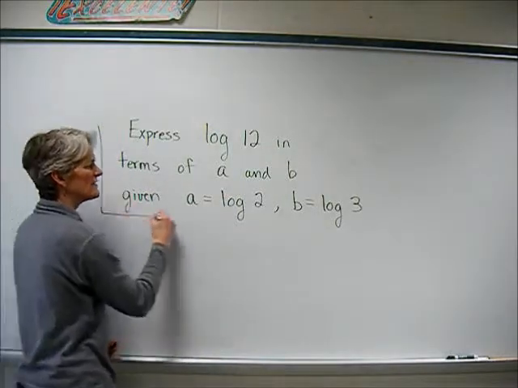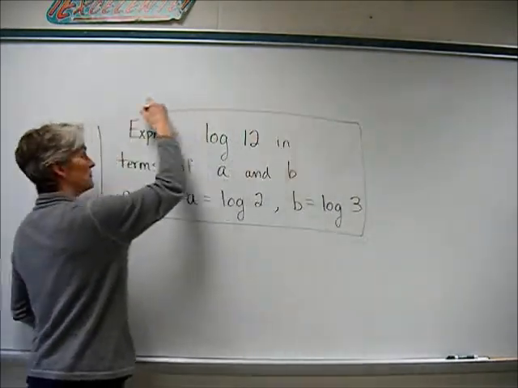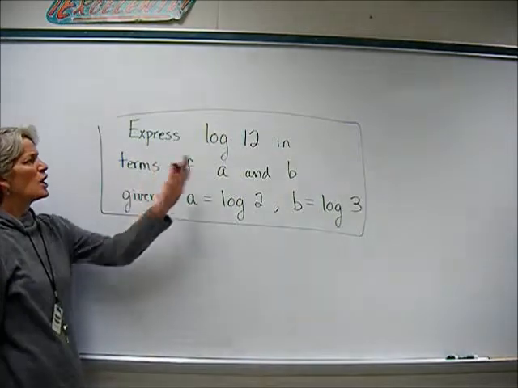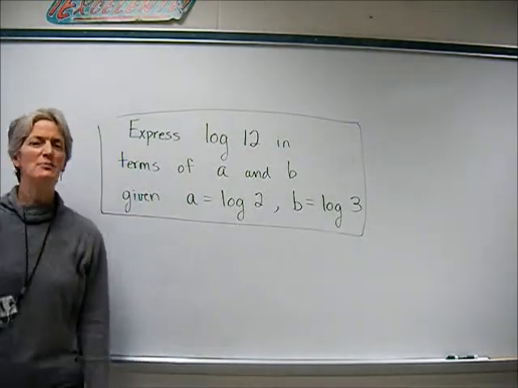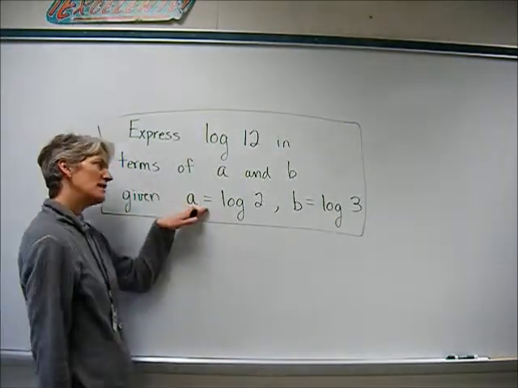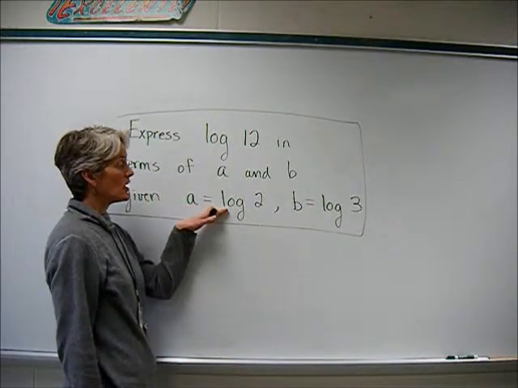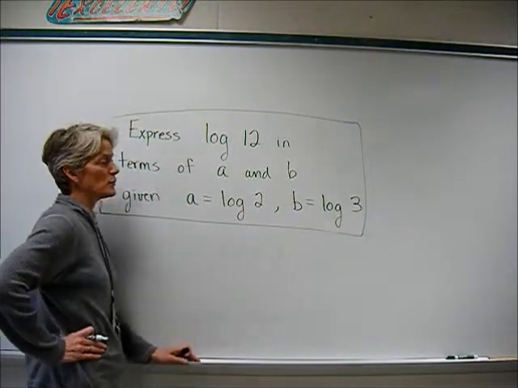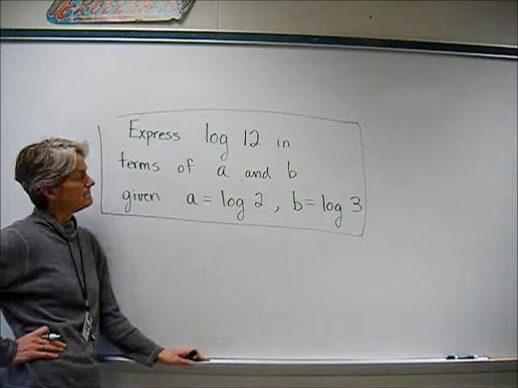Okay, so let's say you have a situation like this. Express the log of 12 in terms of a and b, given a is defined to equal log of 2 and b is defined to equal the log of 3.